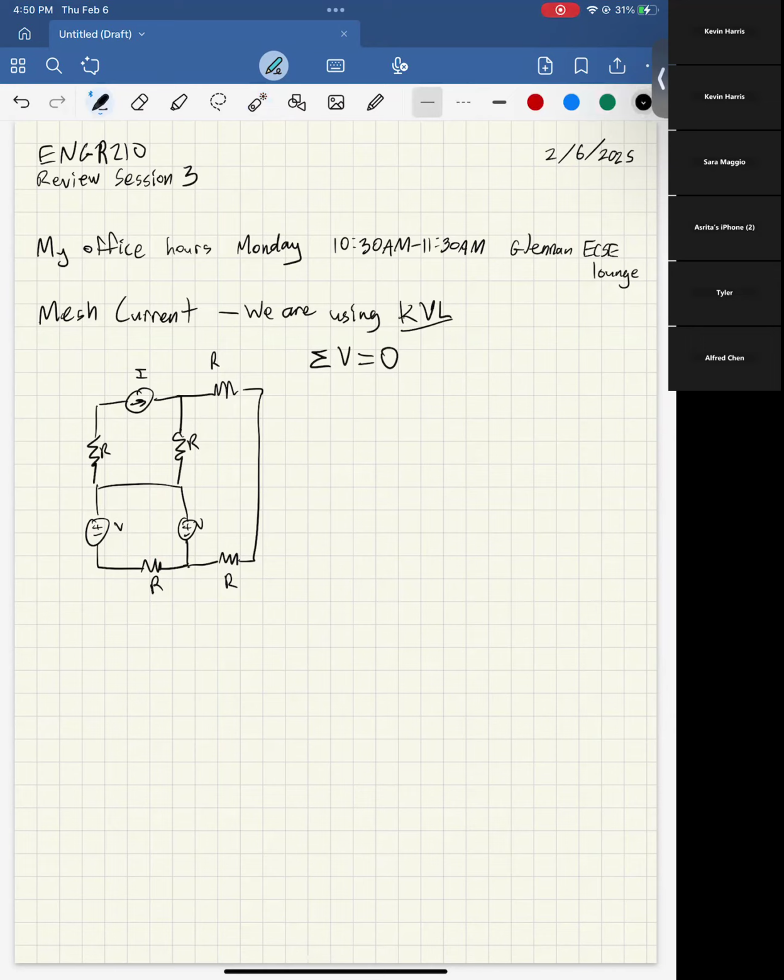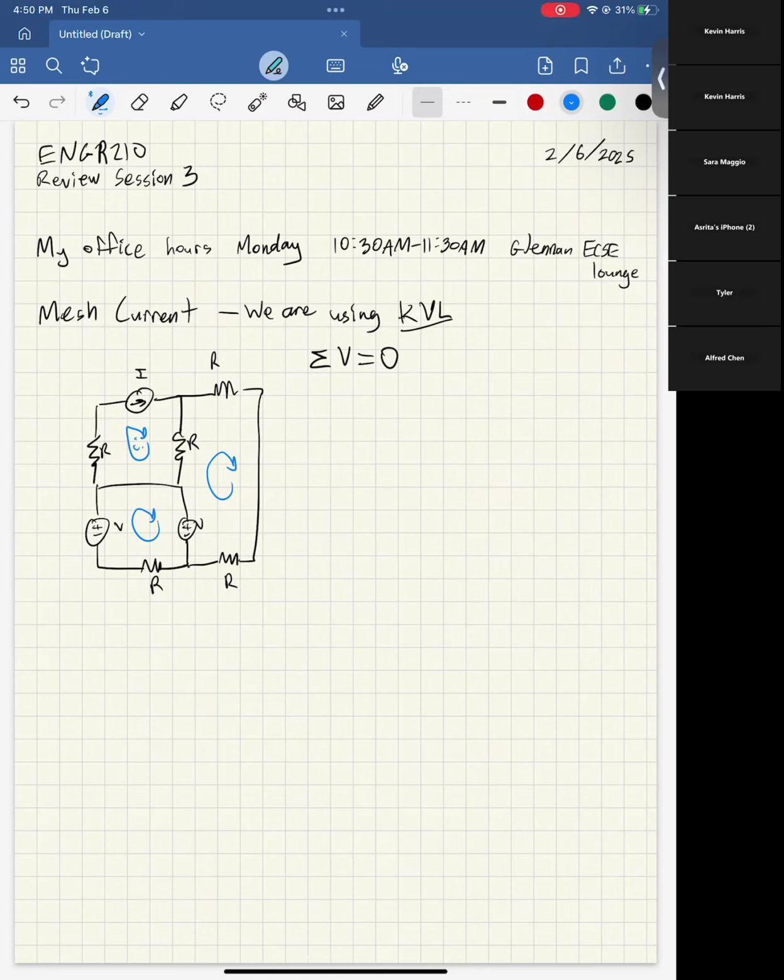For those equations, we start by making up component currents. We have one current for each of these loops. We'll call them I1, I2, I3. You can pick whatever direction you want. I generally choose clockwise.